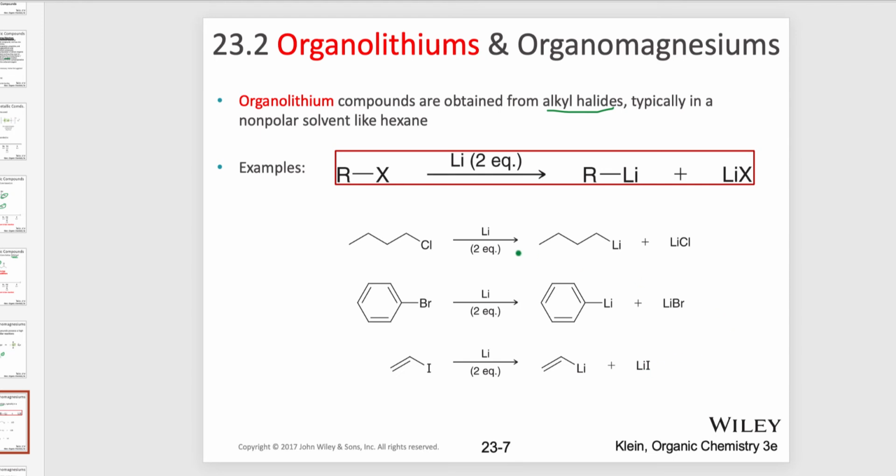What is very encouraging about this is that this works best with primary halides. As you see here, this carbon has only 1 R group attached, and we have the polarized carbon-chlorine bond. Now this is being replaced with the lithium, and we get the salt as a side product. What's exciting to see is that we can use sp2 hybridized carbons as well, such as in this aromatic compound, phenyl bromide or bromobenzene, as well as vinyl groups.